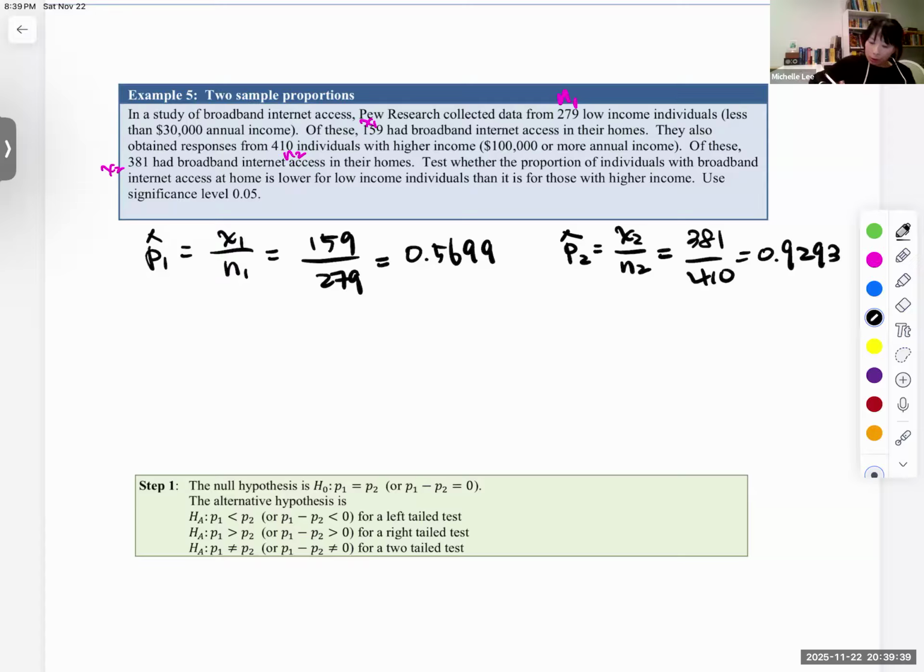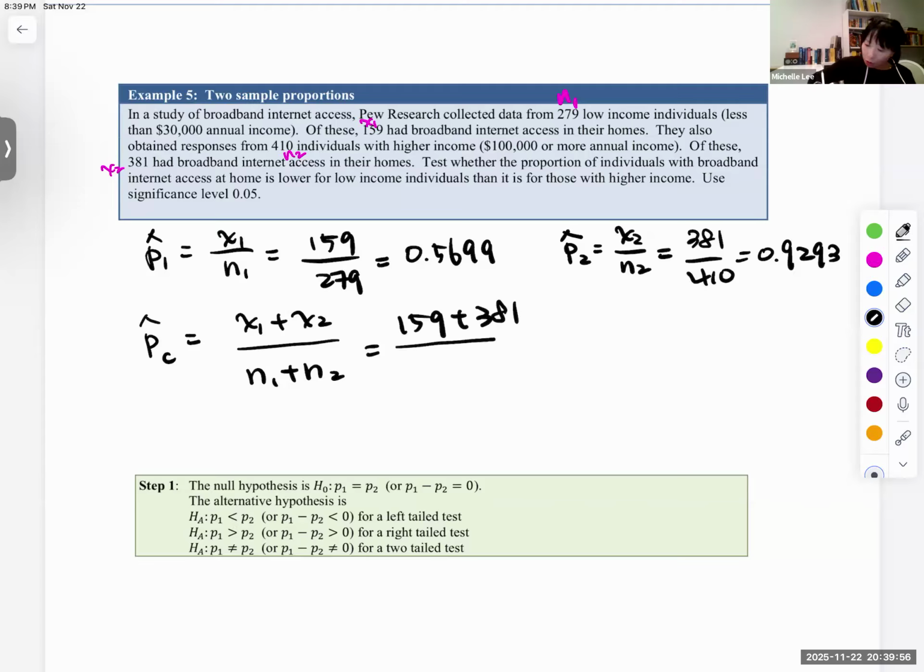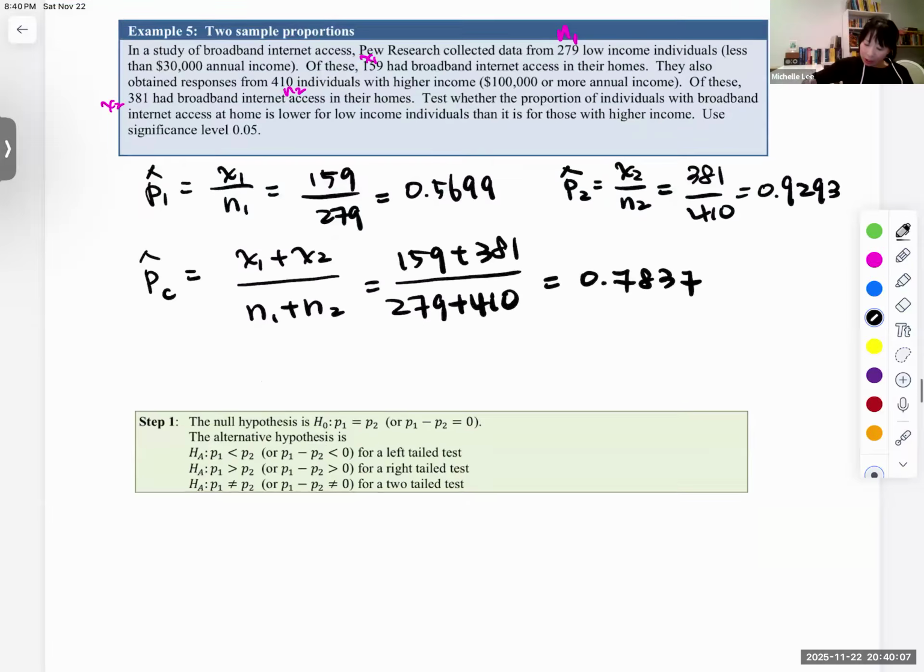So the combined one: x sub 1 plus x sub 2 over n sub 1 plus n sub 2. So that will be 159 plus 381 over 279 plus 410. What do you get? 0.7837, right?